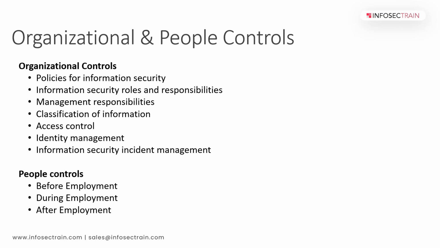You are going to set up a team as part of our organization, and you have a methodology by which you are going to classify information. That is going to be common. When we talk about organizational control, it is going to be common across all information assets that we have.